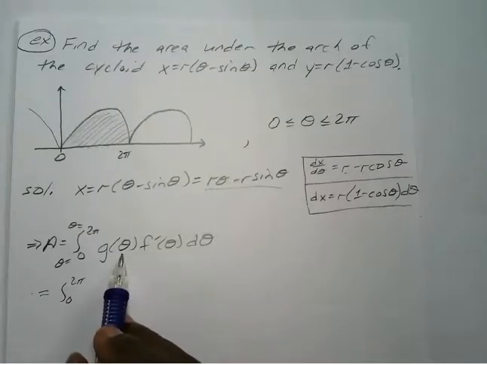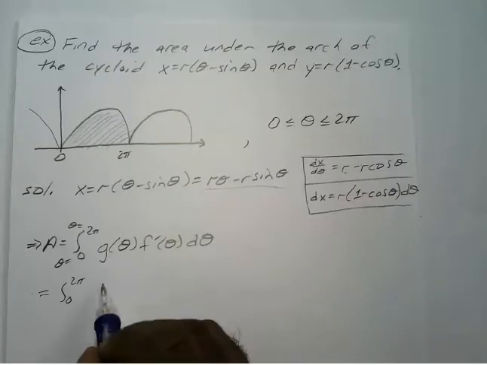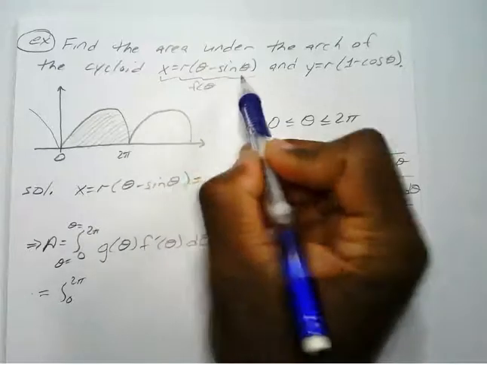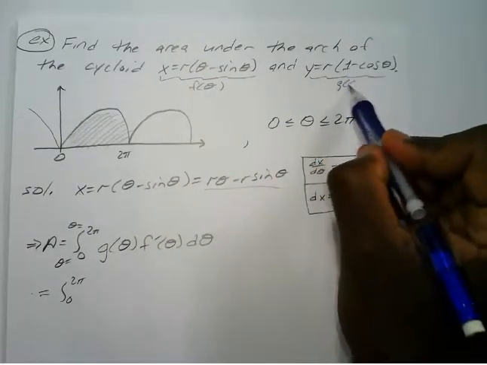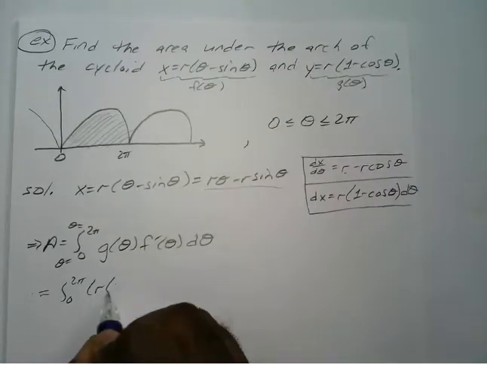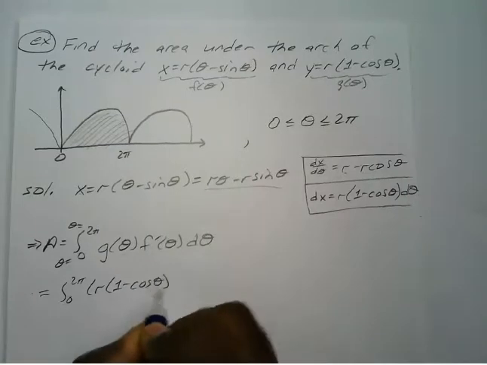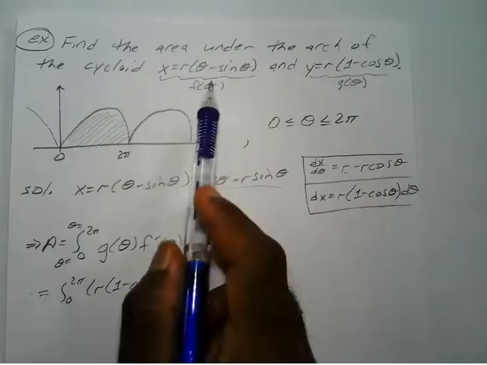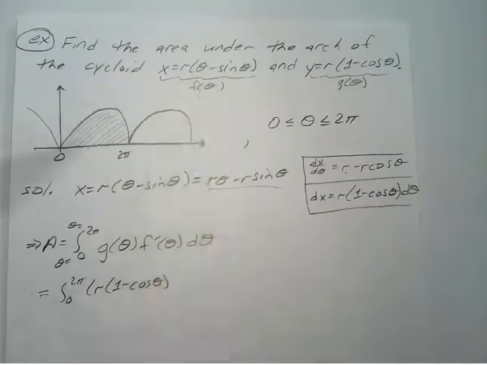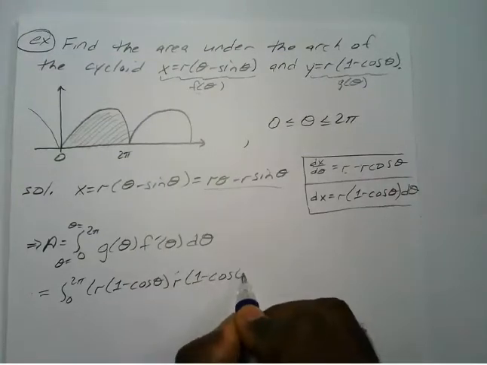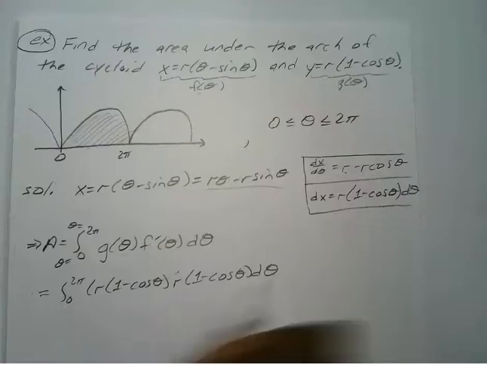Our g of theta, our y, is r times 1 minus cosine theta. Then we have times our f prime of theta, which is just our derivative of x, so that's also r times 1 minus cosine theta with respect to theta.